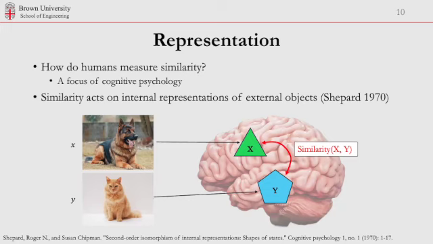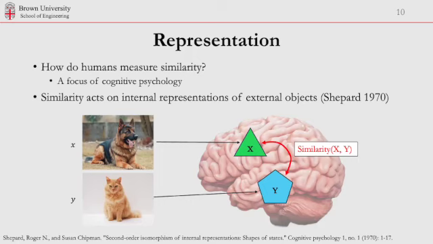An early paper from Shepard describes similarity as being this second order isomorphism. And that big word means the images or the objects are mapped to representations in our brain. And when we compute similarity, we're computing the similarity of the representations instead of the similarity of the underlying objects.